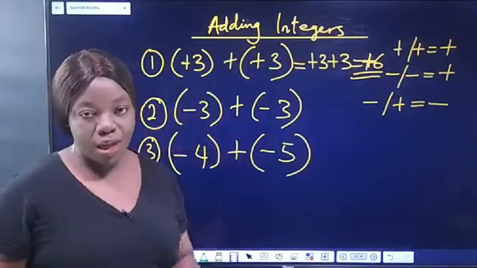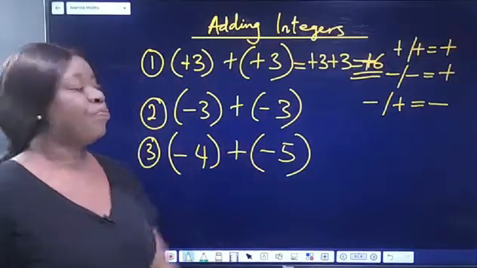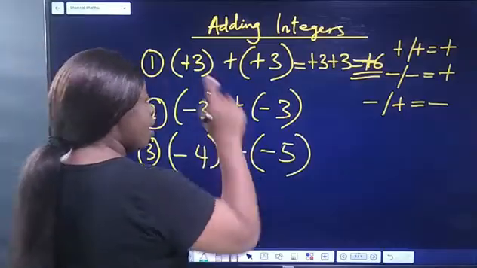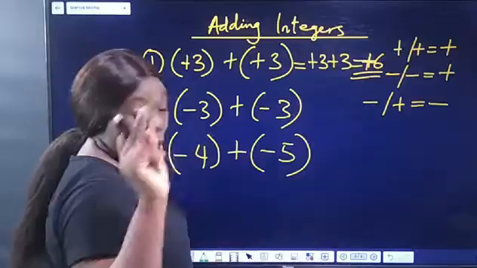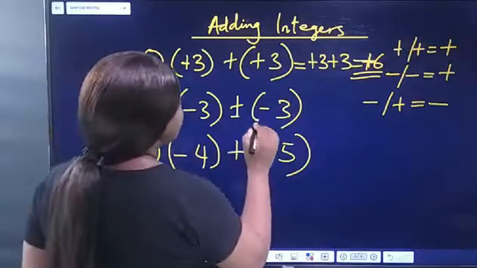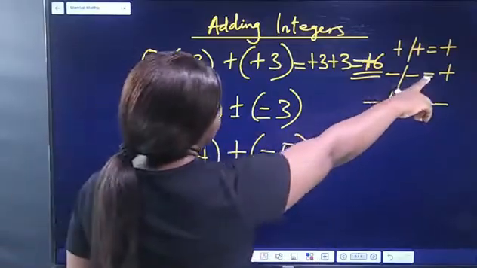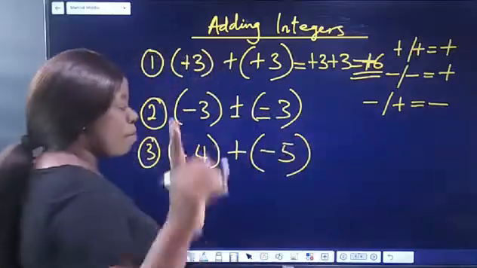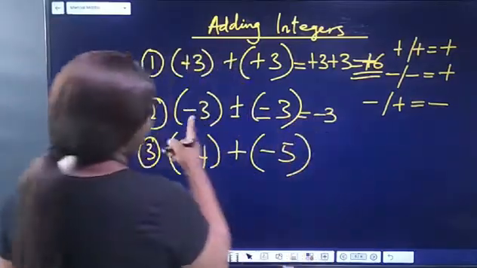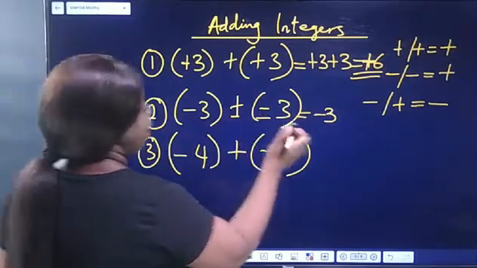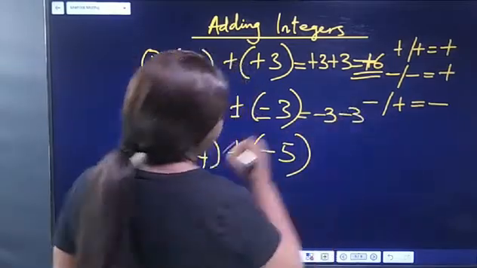Minus 3 plus minus 3. The sign at the middle only affects the number on the right. So plus minus, like I have written here, will give us minus. That will be equal to minus 3 that we have on the left, plus minus will be minus, then 3.